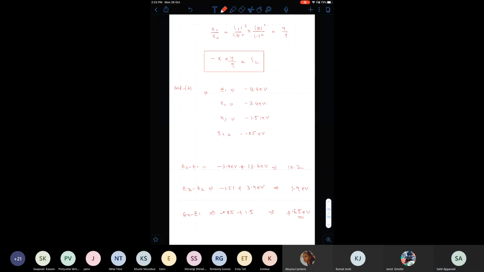And E4 minus E3 will be how much? Minus 0.85 plus 1.51. This will be plus 0.65 electron volt. That means Jared was right. E2 minus E1 is bigger than E3 minus E2 is bigger than E4 minus E3.